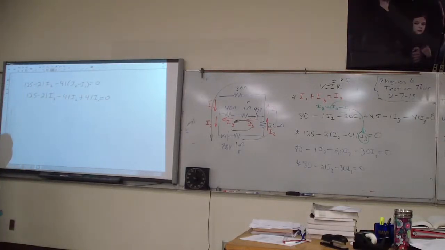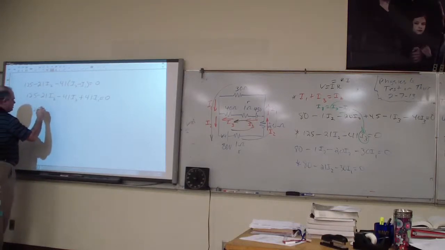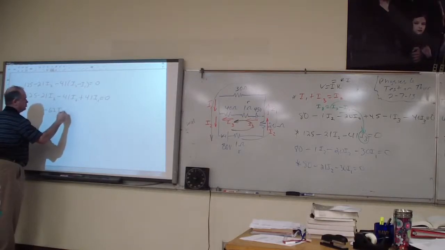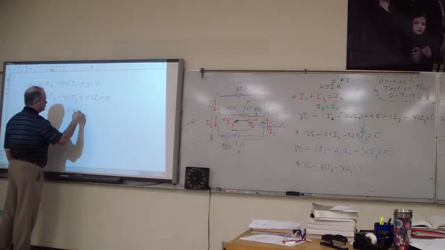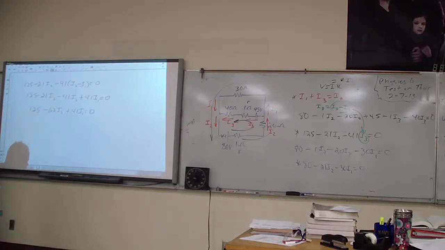Okay, let's add the I2s together. I'm going to get all those details out of the way so when I'm ready to do it, it goes quick. Okay, and now I'm going to write that last equation down there up here.